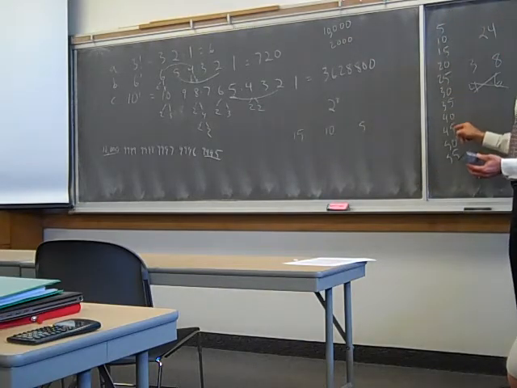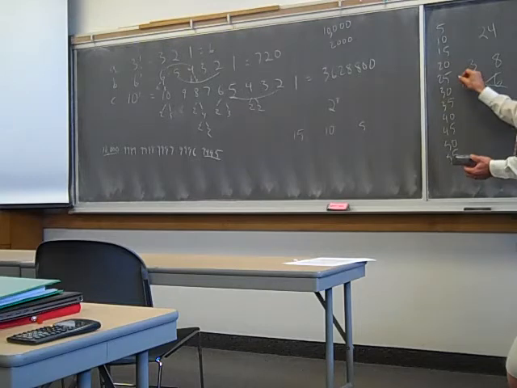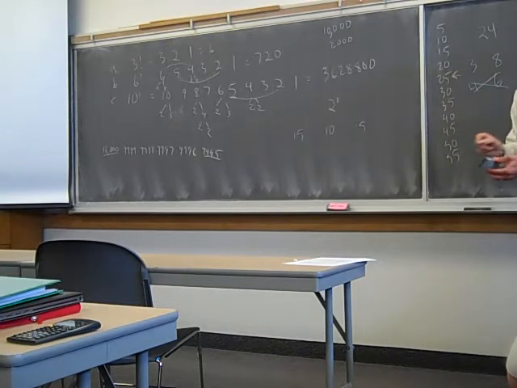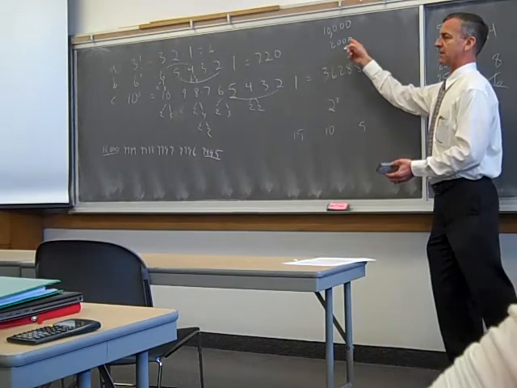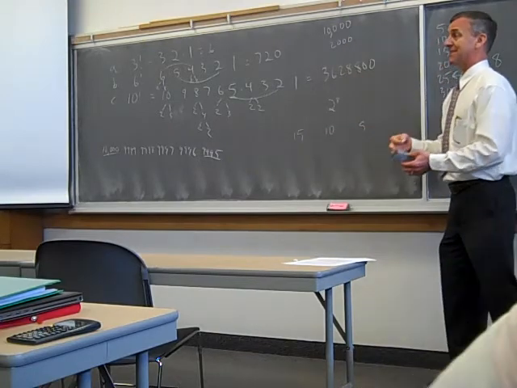When I get to this number, what happens? I'm going to get 2 5s out of there. How come? Because 5 times 5 is 25. So instead of getting just 2,000, I'm going to get some more.